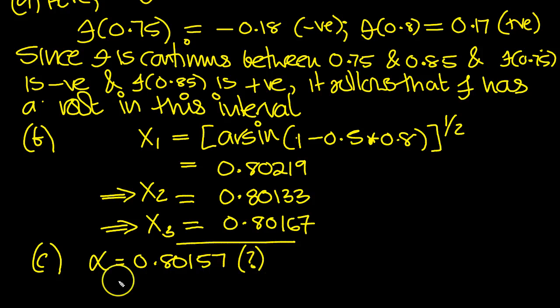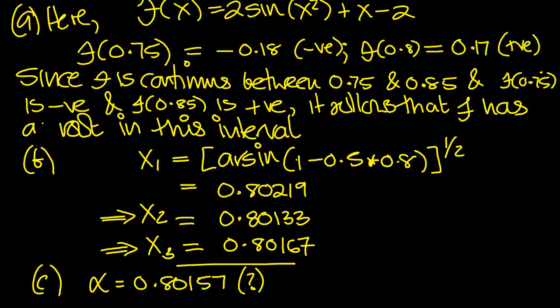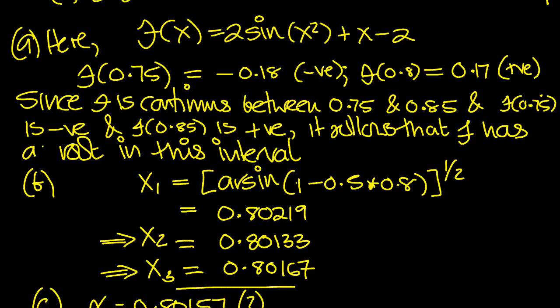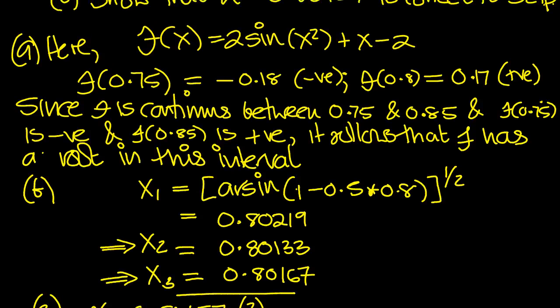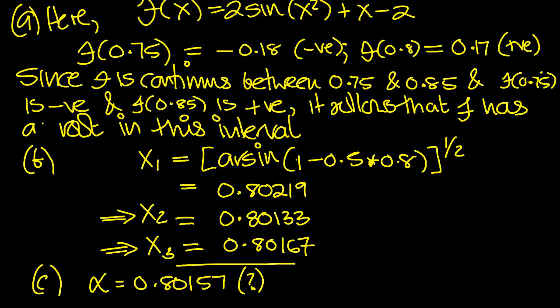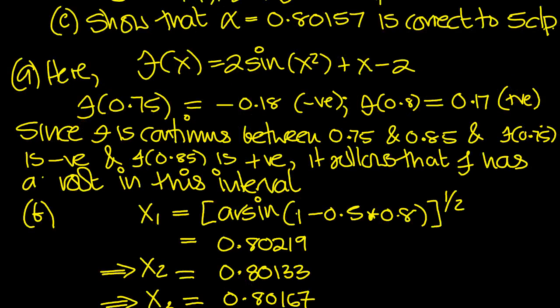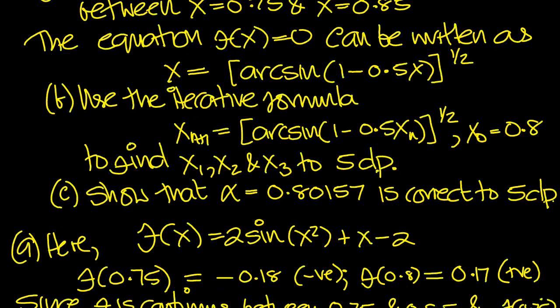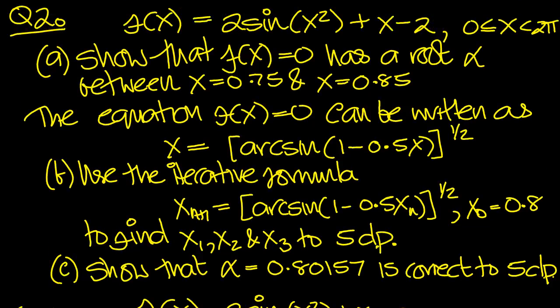For this to be the case, we need to look either side of the value. Let's look back up at the question. Show that alpha is correct to 5 dp. We've got the iterative formula, which is the solution to the equation, so let's get the original equation, f of x equals 0.